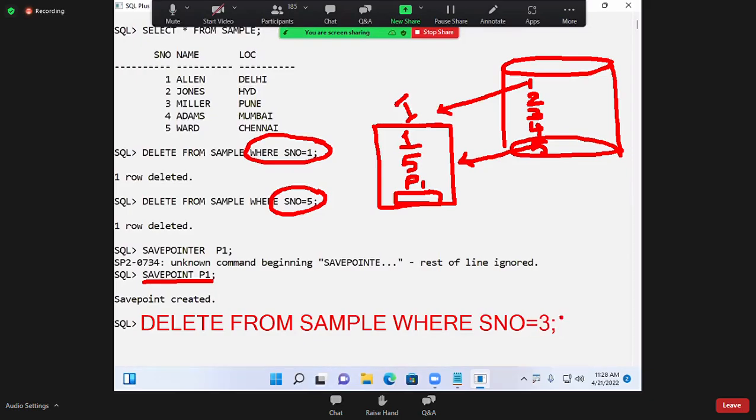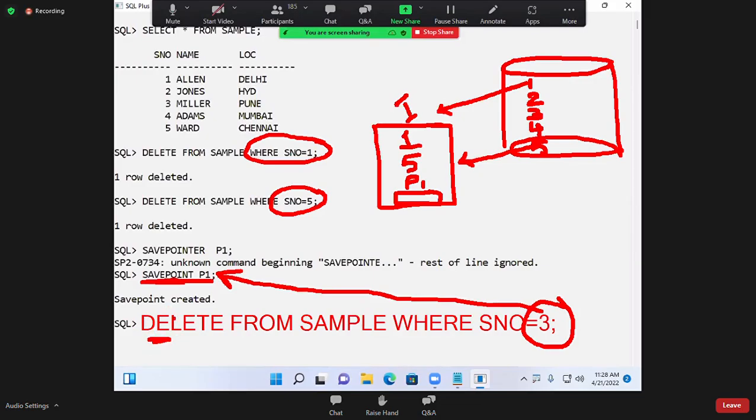Then what happens when I execute this query? This row 3 is deleted from the database, but where is the deleted data saved? Here in the pointer, because you can see I wrote this delete command after the savepoint.